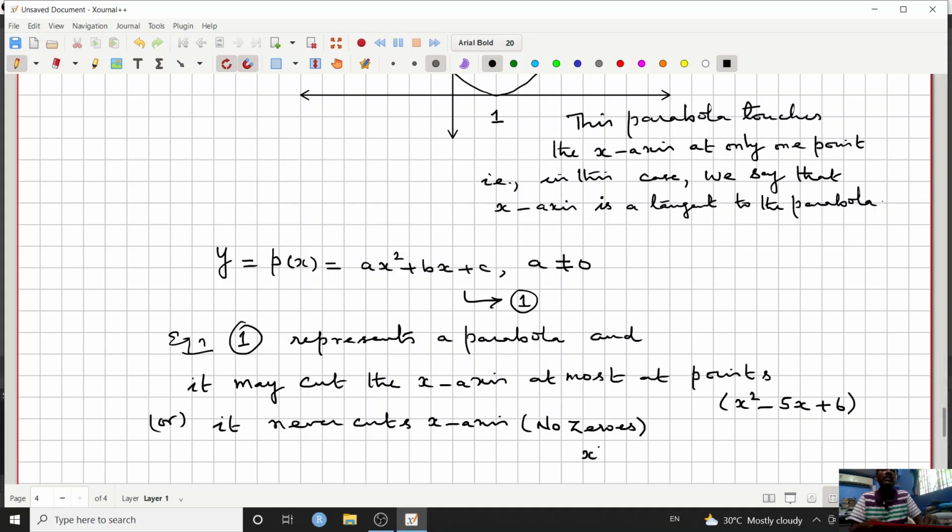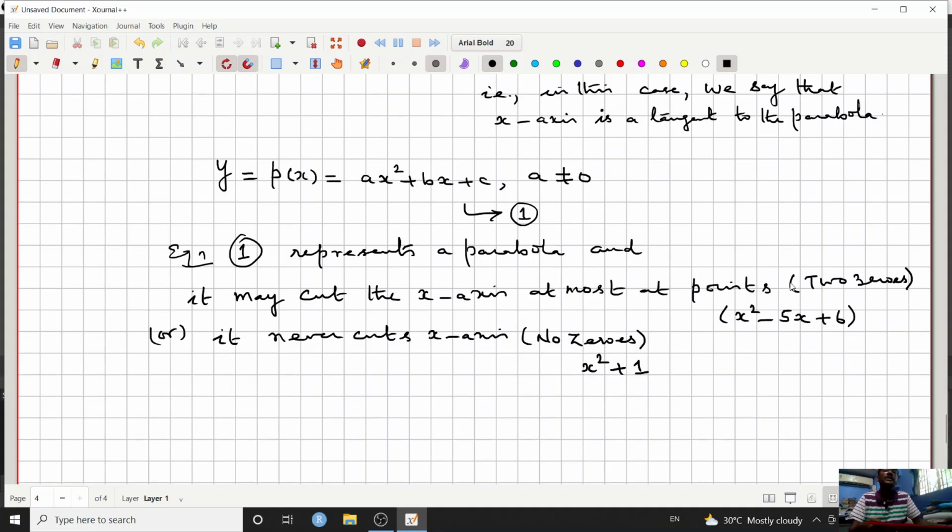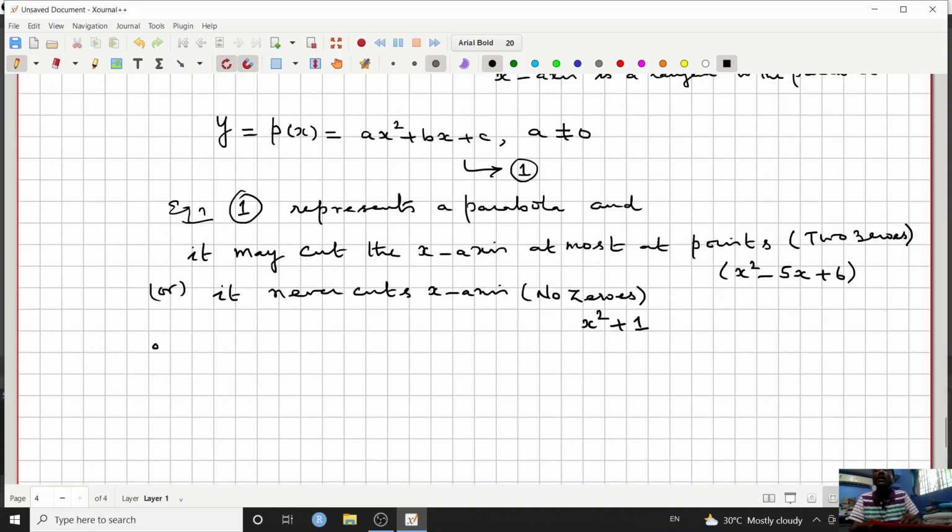An example is x square plus 1. In the first case, the quadratic polynomial has 2 zeros.